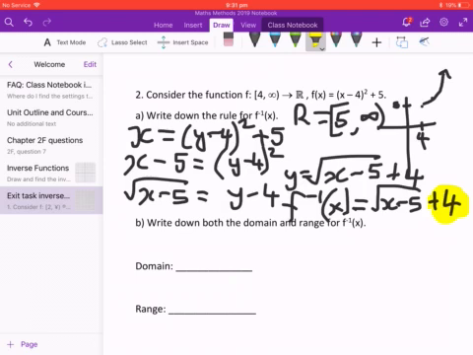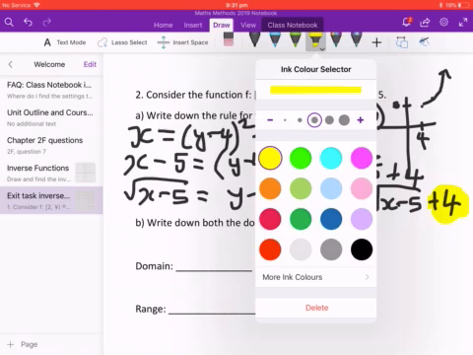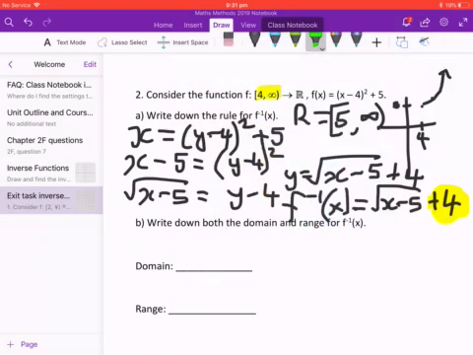So the domain here was this, and the range was that. Okay, so we are now switching, so the domain becomes 5 to infinity.